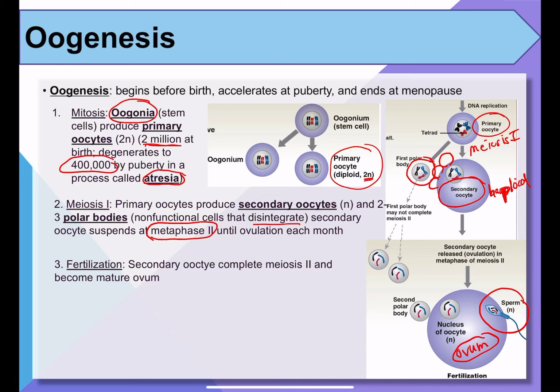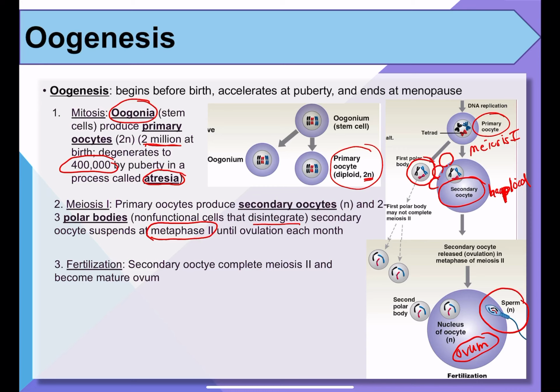Only when the egg itself is fertilized by a sperm do we call that a conclusion of meiosis 2. So this is something very different from spermatogenesis, and make sure you don't confuse the two. In spermatogenesis, you do go from meiosis 1 all the way through meiosis 2 to completion, and your spermatogonia has now become a spermatid, which will then undergo spermiogenesis to become a mature sperm cell, all in one setting.